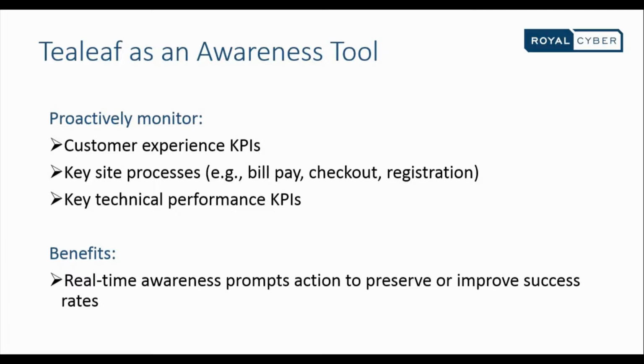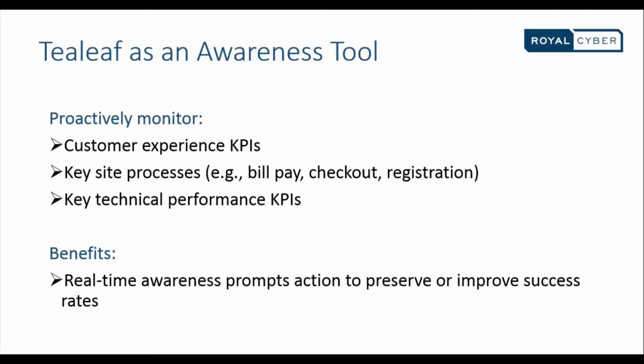So what Tealeaf does as an awareness tool is enable you to create metrics around customer struggles that model specific behavior to help you understand how well a site works for customers. Tracking those metrics on a daily or even hourly basis provides ongoing awareness of your customer experience, and early warning when that experience is not what you intend.